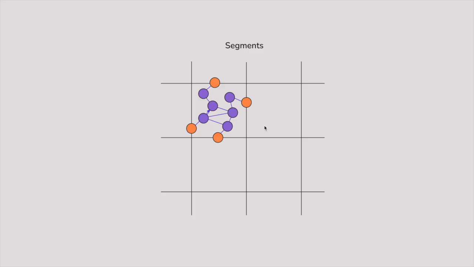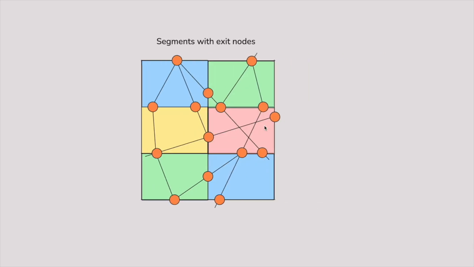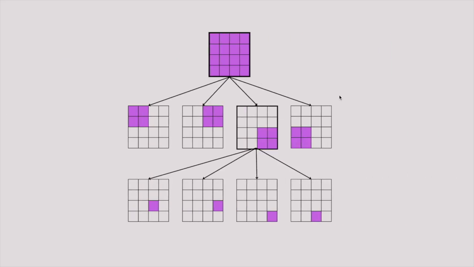You can see on this diagram, for instance, that all the inner segment nodes are ignored, and we only use exit nodes to build a graph that has fewer vertices and connects multiple segments to each other.